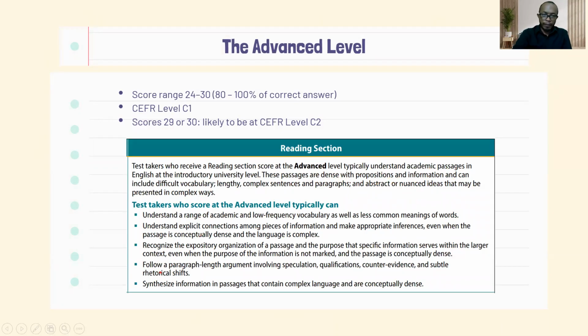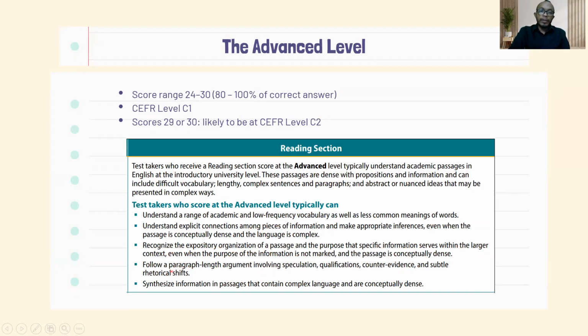And furthermore, it shows that you can understand academic and low frequency vocabulary, and can understand the connection between the information and inferences in the passage. It shows that you can also recognize the expository organization of a passage, and the purpose of why specific information is used in the passage.